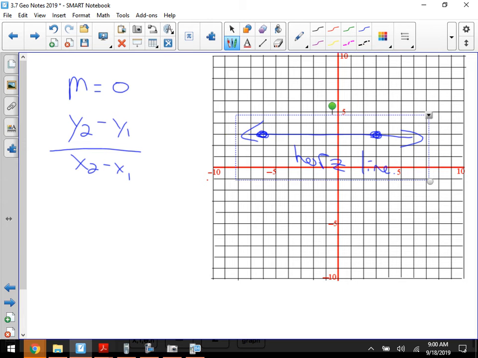Does it matter what the x value is? No. So when you have a horizontal slope, your equation winds up being 0 divided by some number. Horizontal lines always have an equation of y equals some number.